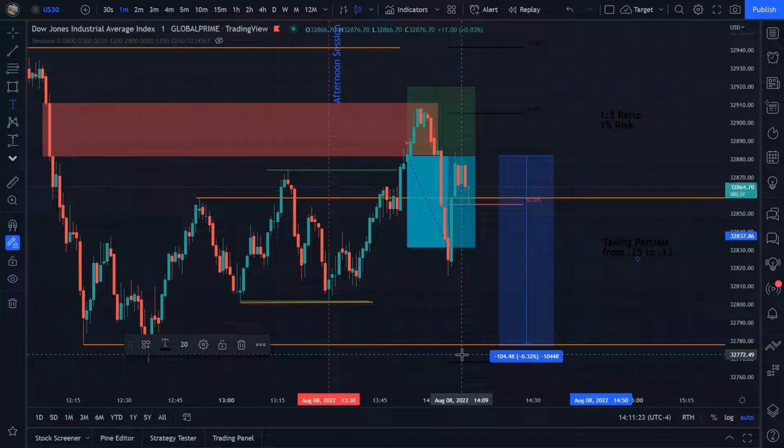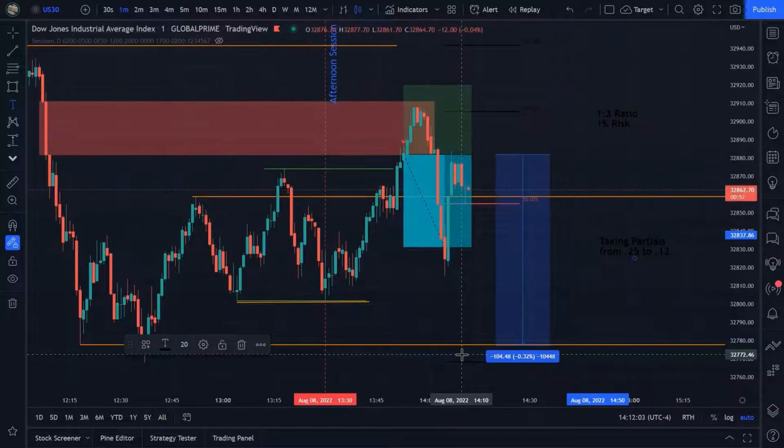So as you can see, we're in that fair value gap area. We're consolidating, and then it's about to push down sooner or later. So let me go ahead and speed this up so that you can see the finishing product of this.